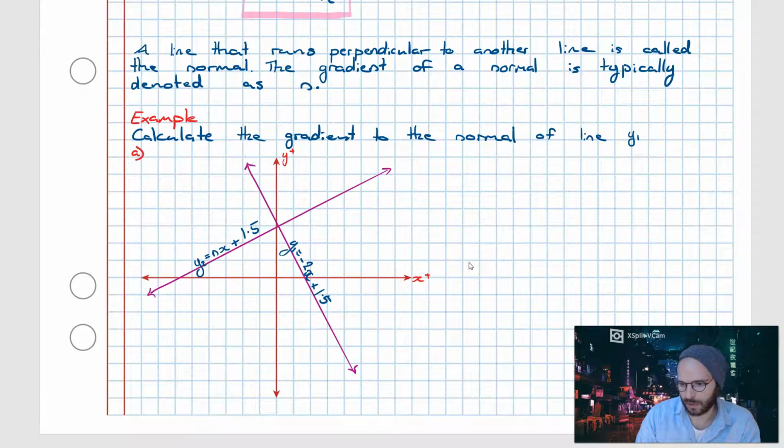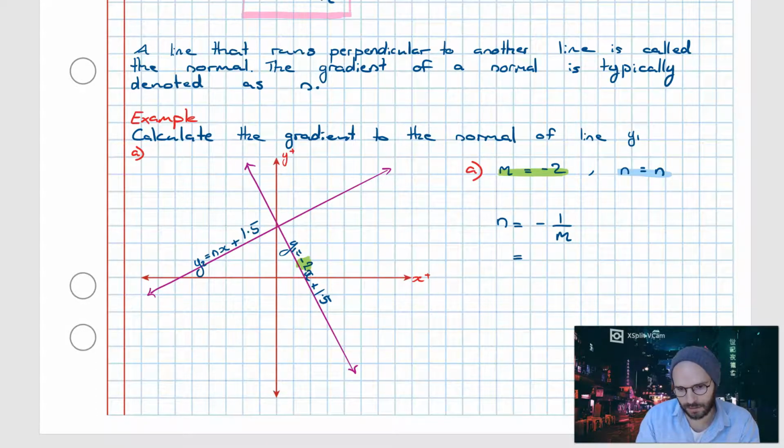So the way in which I'm going to do this is m is equal to -2, as seen here, and then I'm going to say n is equal to n, or I can simply leave that step out. Now the next part I'm going to write out is n is equal to -1/m.